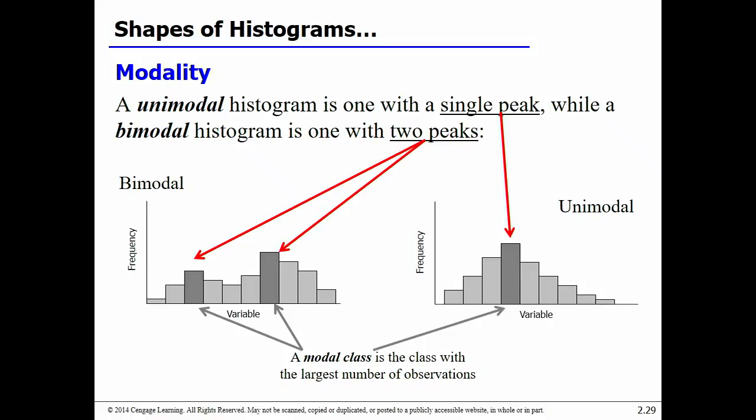Or it can be bimodal. This one would be bimodal, 2 peaks. Now you might say that peak isn't as big as that peak, but we can clearly see that it goes up, peaks, goes down, peaks again, and goes back down. Even though these aren't the same size, we would call it bimodal. So we want to interpret its symmetry, its skewness, and its modality, the 3 things we want to look at first.